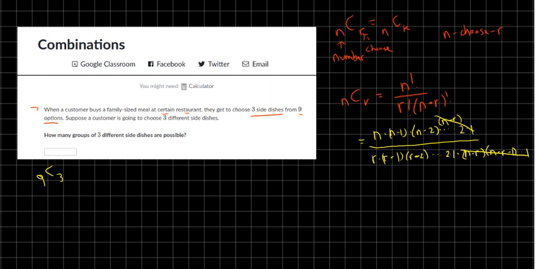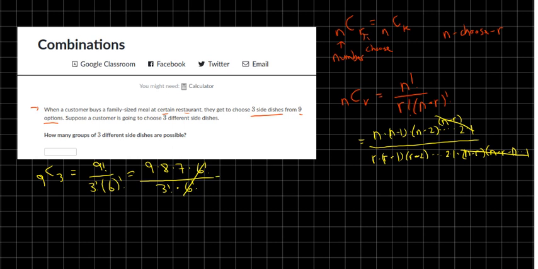Alright. Okay, so 9 choose 3 again is 9 factorial over 3 factorial times 9 minus 3, which is 6 factorial. So that's going to be 9 times 8 times 7 times 6 factorial, that's 6, 5, 4, 3, 2, 1, right? This is 3 factorial times 6 factorial, and those 6 factorials cancel out.